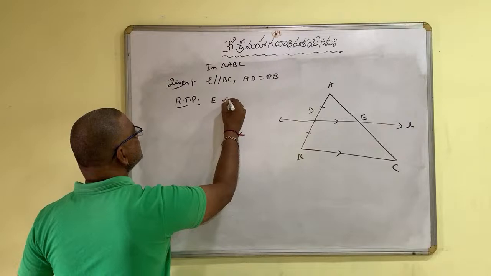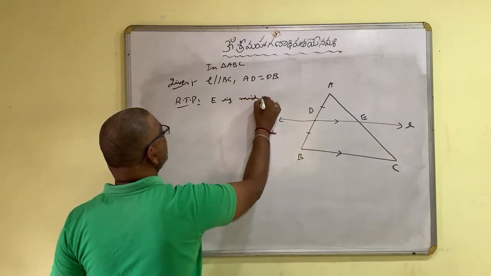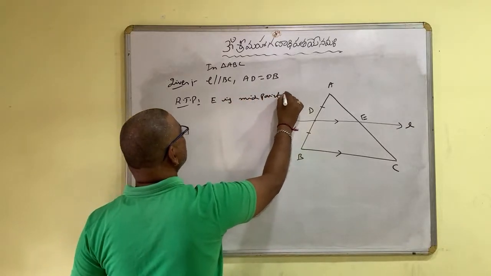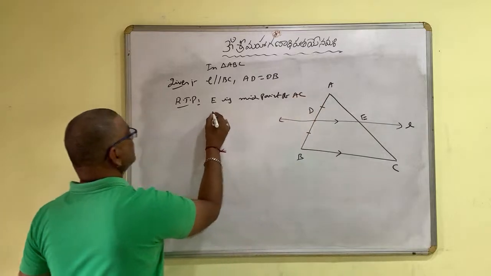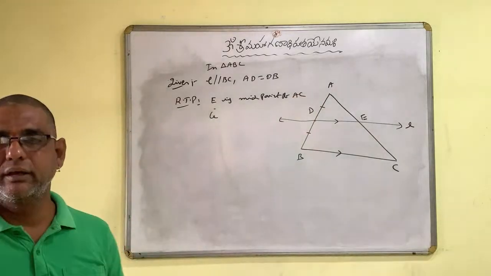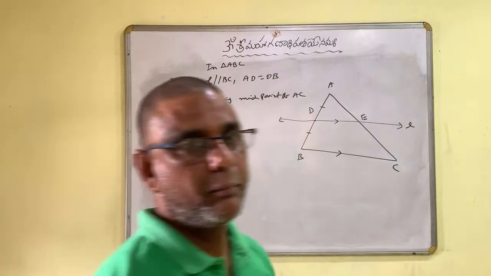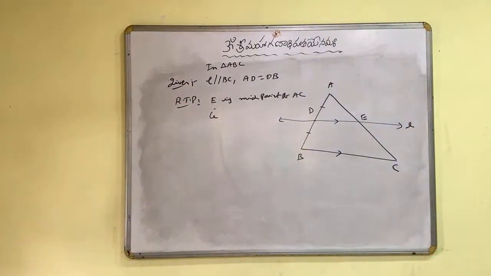E is the midpoint of AC. That is, you have to tell me what to prove: AE equal to EC.